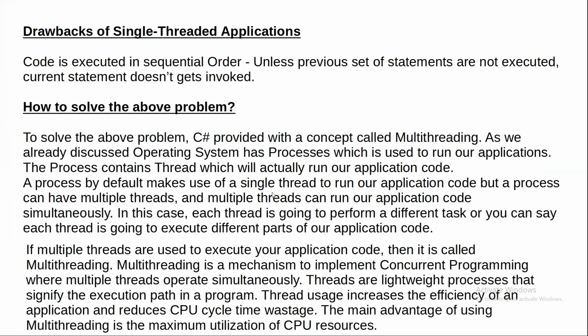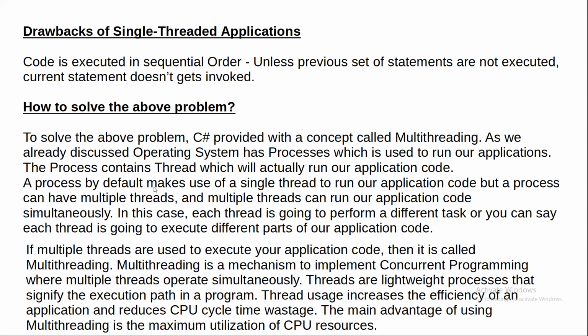So I said the drawback of single thread applications: code is executed in a sequential order, and unless the previous set of statements are executed, the current statement doesn't get invoked. So how do we resolve the problem? We have a concept called multi-threading. The operating system has a process, which I showed you, which is used to run the applications, and a process contains a thread which will actually run the application code.